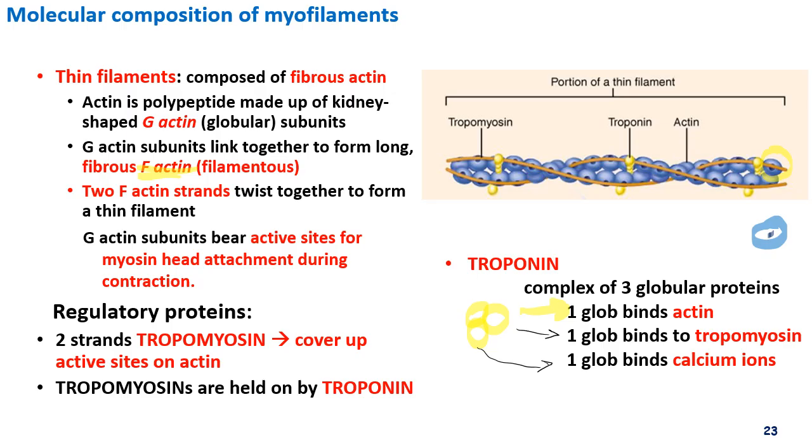So when calcium floods the cytoplasm, it is going to go and bind to this subunit in troponin. And when you have calcium that binds here, this is going to cause a shift of the conformation of your troponin and is going to cause shift in the position of tropomyosin. So when calcium binds, then tropomyosin is going to come out of blocking your actin, and then actin will be able to bind to myosin.